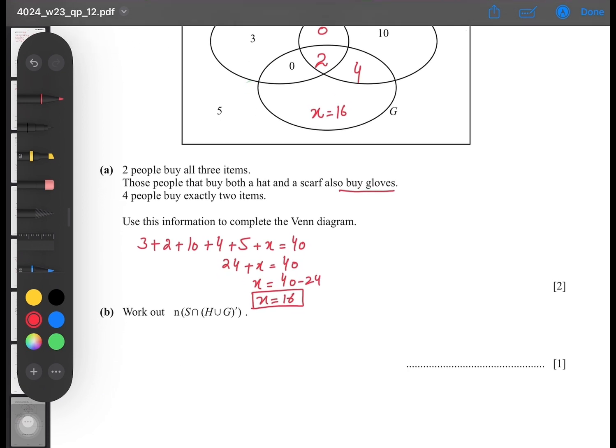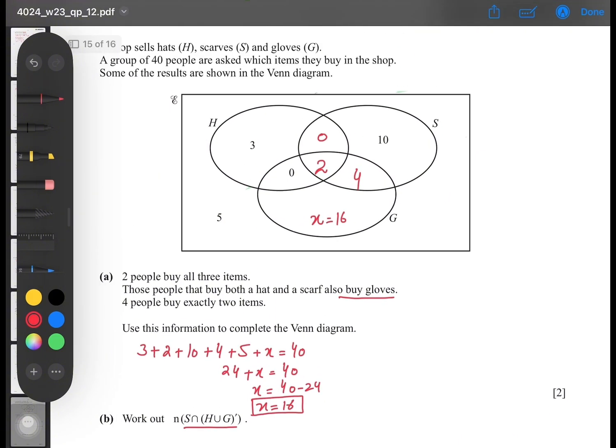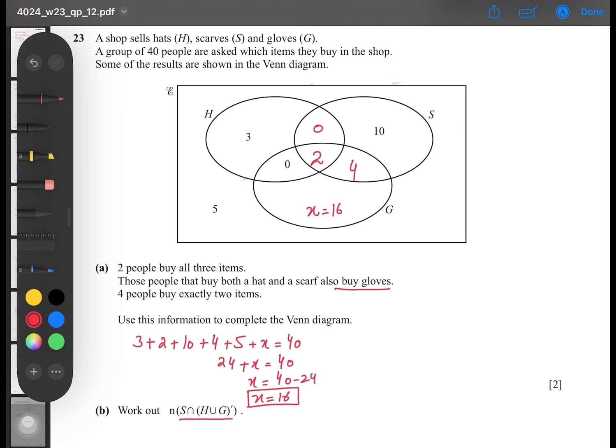Work out S intersection H union G complement. So first of all, I will shade H union G complement.